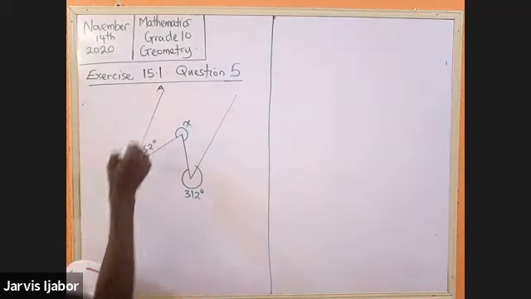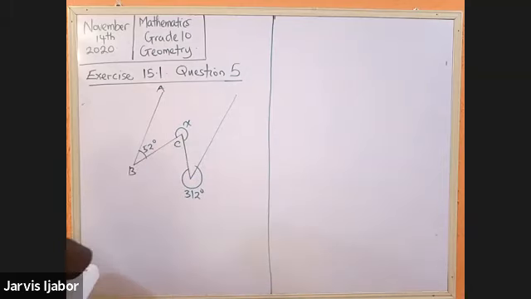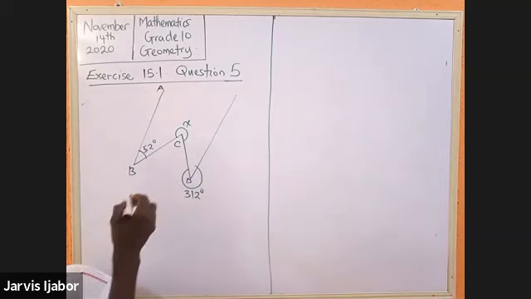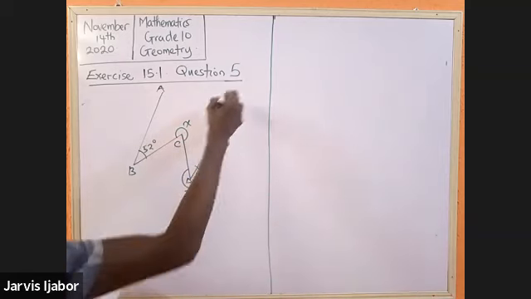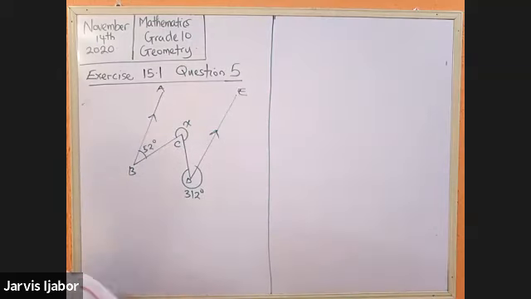This is A, this is B, this is C, this is D, and this is E. And we are told that this is parallel to this. So that's the visual representation of the figure we are asked to solve.